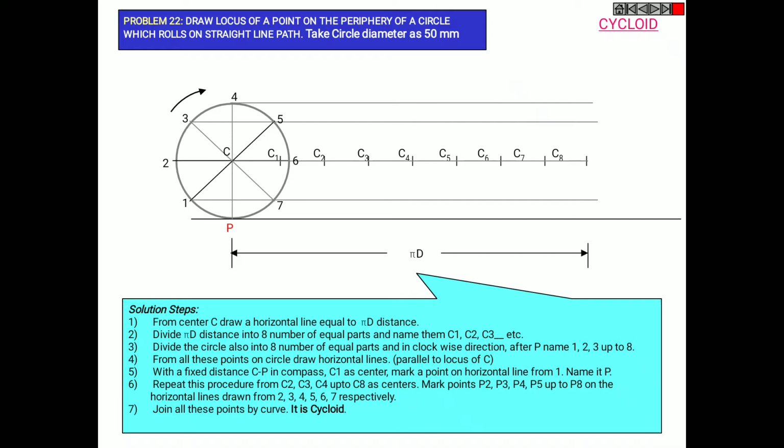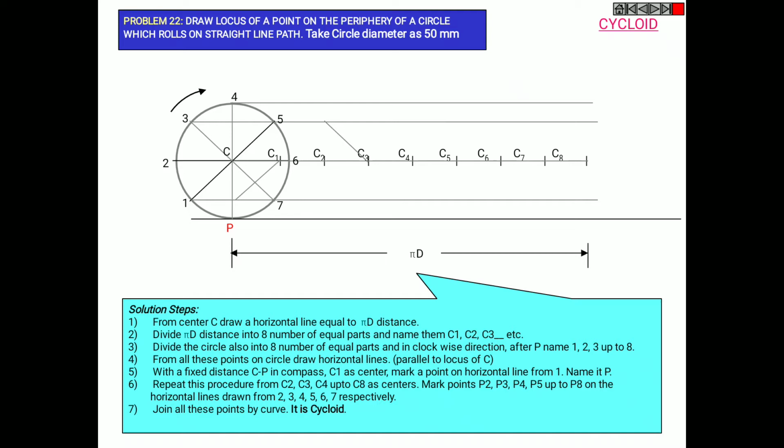With a fixed distance C to P in compass, C1 as center, mark a point in horizontal line from 1 and name it P. See, with a fixed distance C to P in compass, mark a point on horizontal line from 1 and name it as P. Repeat this procedure from C2, C3, C4 up to C8 as centers.